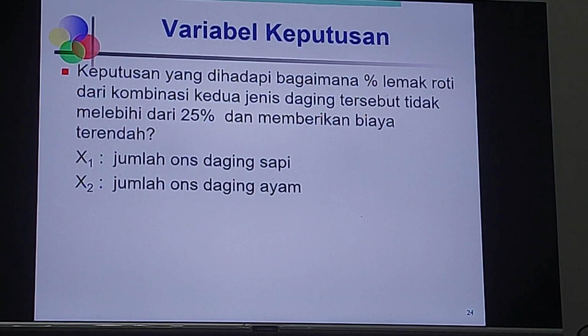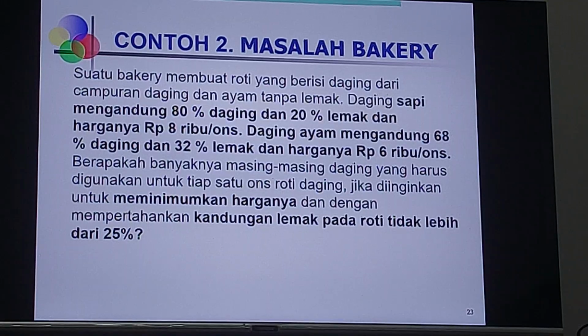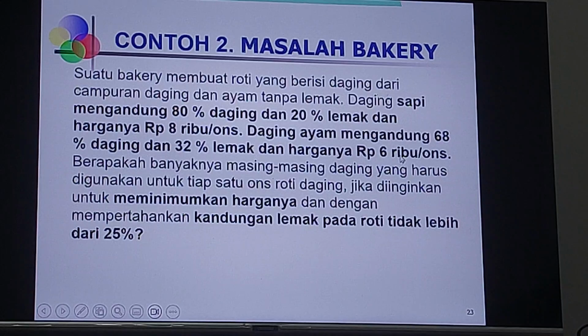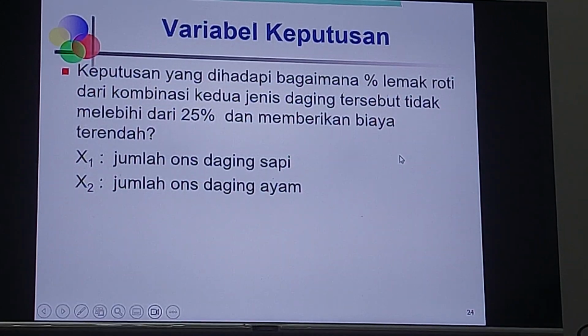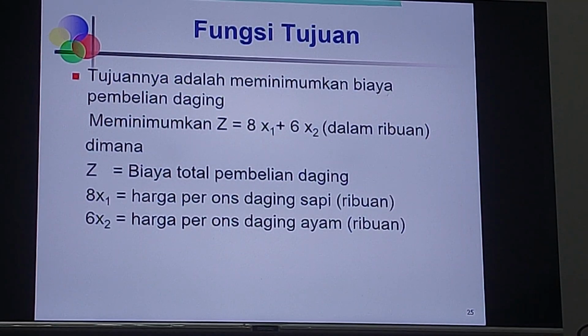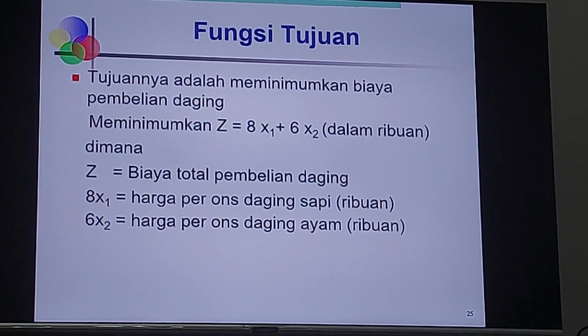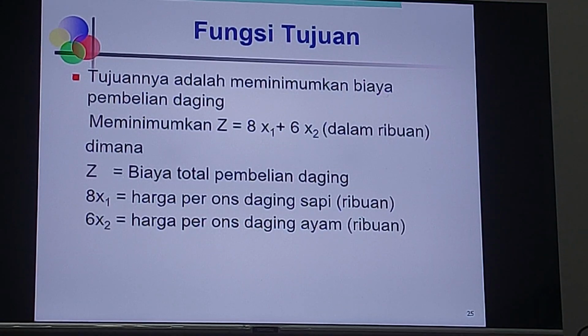That means you need to multiply this with something related to the cost, which is the cost of raw material, the cost of beef and the cost of chicken. So then minimize Z, the total cost. It was rupiah, 8,000. We can make it simple as 8, and later in the final solution just multiply by 1,000. To make it simpler is good, right? Multiply with 8, not 8,000.